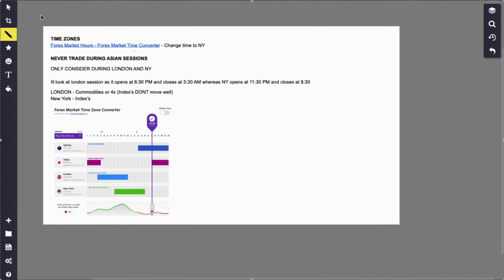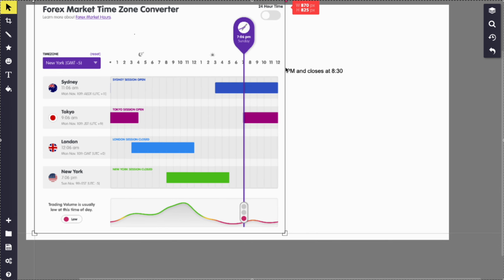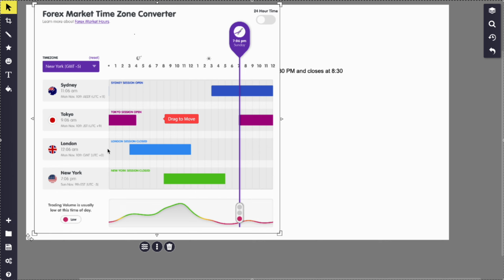Last thing I did want to show you was time zones, okay? So there's three main time zones in trading. London, let me extend this graph so you guys can see it a bit better. There's London, New York, and it says Sydney and Tokyo here, but it's pretty much just Asian, okay?